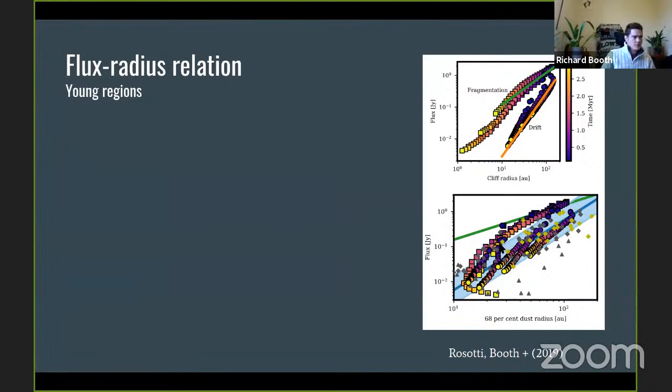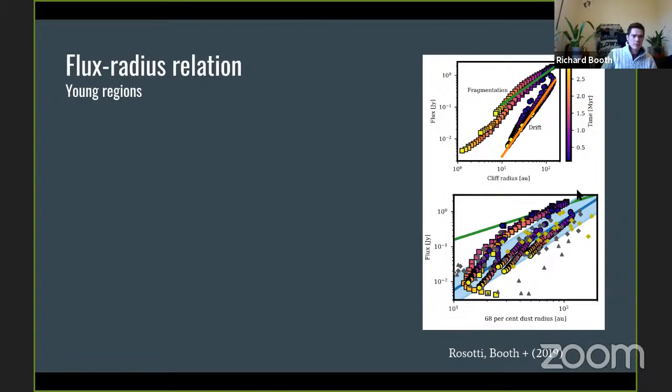So maybe one of the first attempts that we tried to do this with was a paper by Giovanni Rosotti, where we used my code to look at essentially the flux and radii of protoplanetary disks, and compared them to some data that Sean Andrews had used to derive this correlation, which is this blue line.